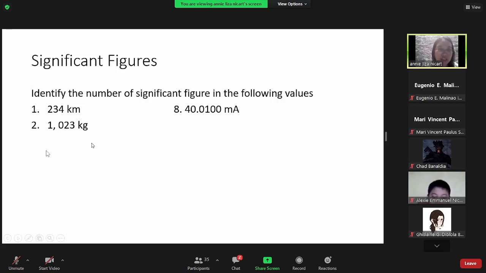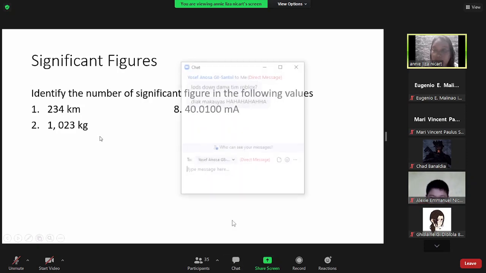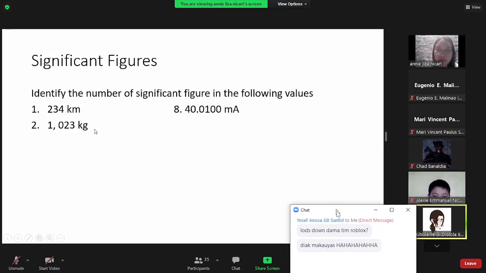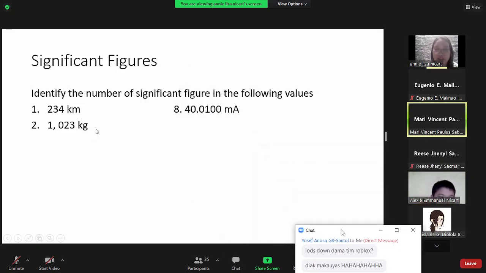1,023 kilograms. How many significant figures are there? 4. Okay, correct. There are 4 significant figures in number 2.